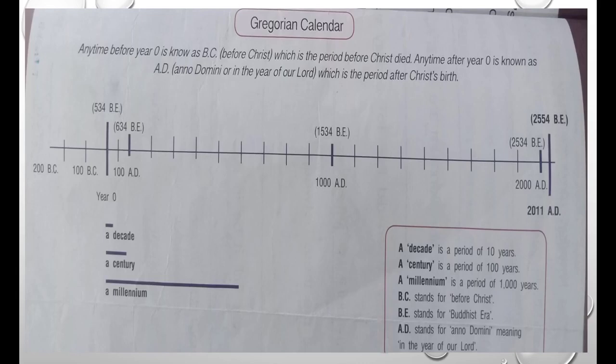This diagram demonstrates the two different calendars. As you can see, the upper abbreviation refers to the Buddhist calendar. It has BE abbreviation. BE stands for before the Buddha's era. It is commonly used in Sri Lanka, Cambodia, Myanmar, Laos, and also here in Thailand.